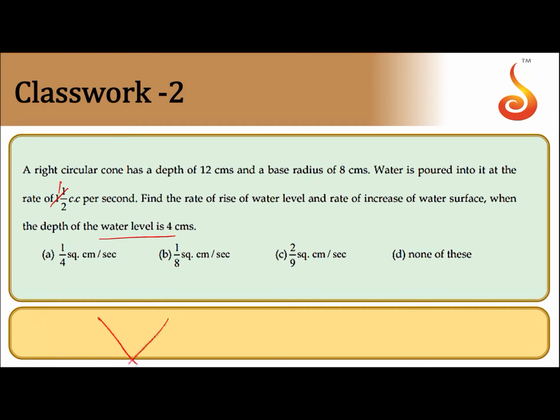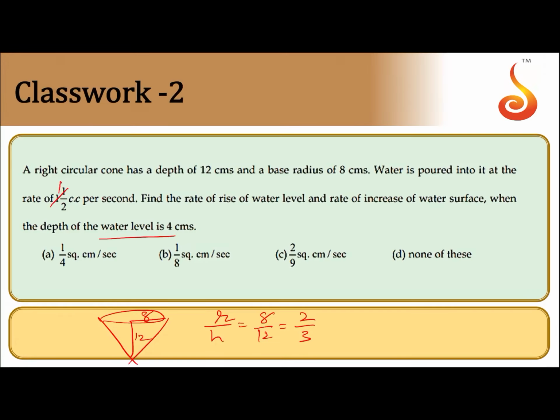A circular cone having a depth equal to 12 and the base radius 8. Therefore, R divided by H is equal to 8 by 12, that is 2 by 3. So your first given data: R by H is equal to 2 by 3.